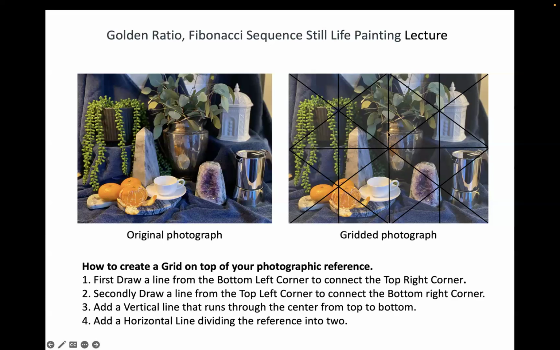Then we add a vertical line from the top to the bottom and a horizontal line at the center, indicating the perfect center. For those of you who do not like measuring, you're going to do the same repetition for all four squares, indicating a series of vertical and horizontal lines. Then you're finding the center of all four squares.